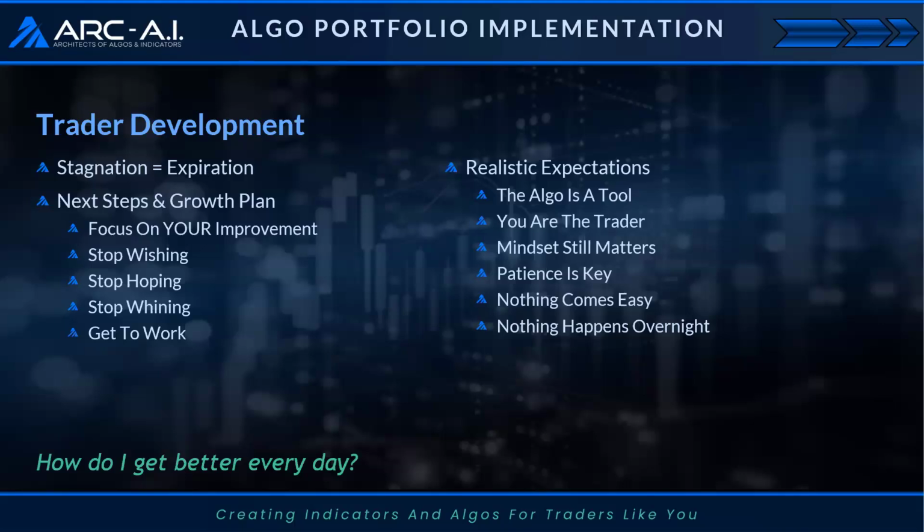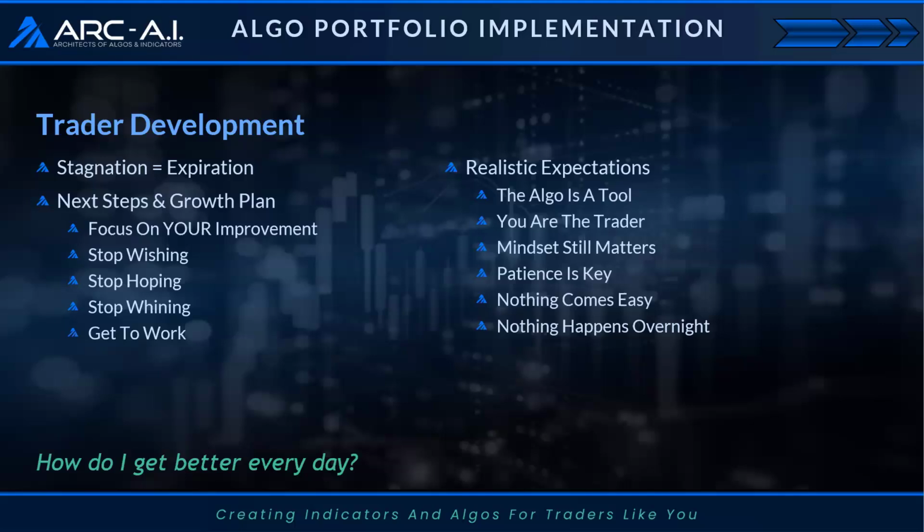Your entire focus, I would like to think, is even more involved than somebody who doesn't trade with algos, because somebody who doesn't trade with algos isn't worried about what the algo is doing. They're just trading their strategy. They're focusing on their own growth with discipline and mindset and executions and all of these types of things. It's the same for algo traders.